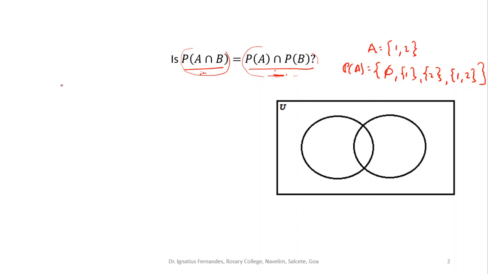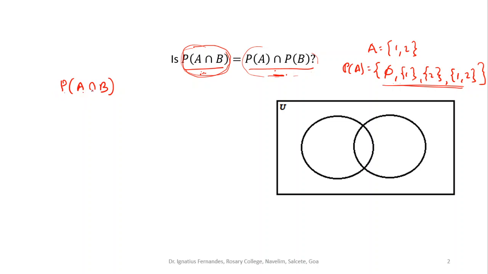Now we start with the left hand side set, power set of A intersection B. Recall that the elements in a power set are subsets, so they are sets in their own right.